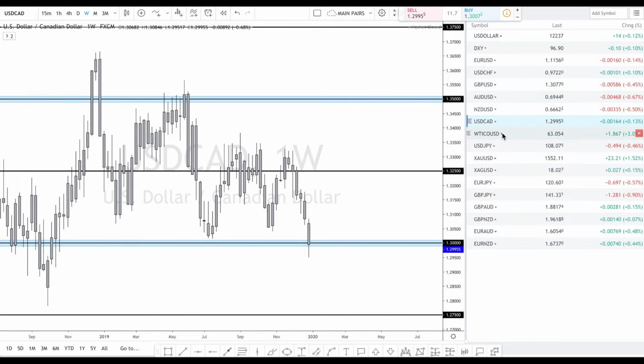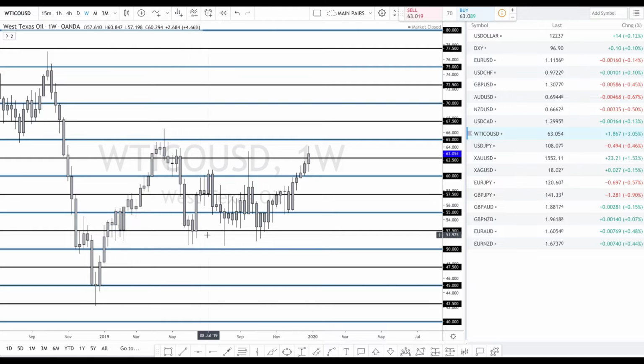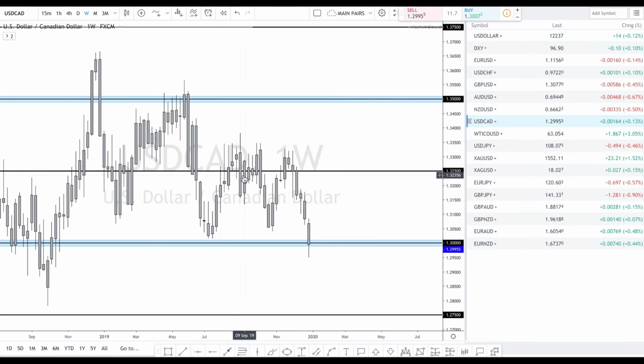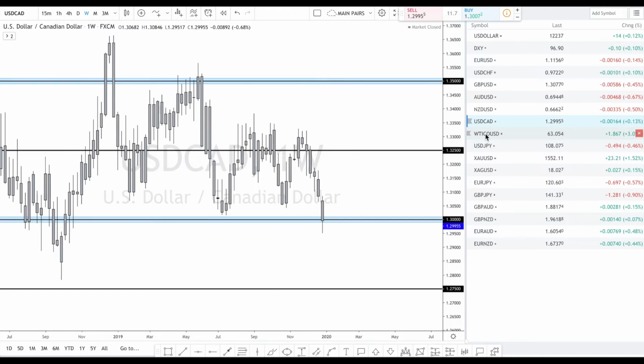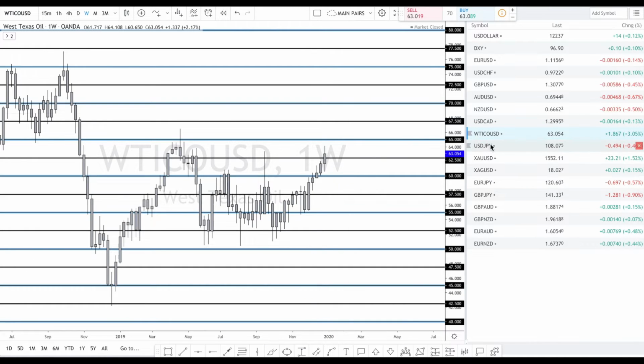And June into September, you can see oil started to top out. So they've got a correlation, whereby if US dollar CAD goes down, US oil goes up.